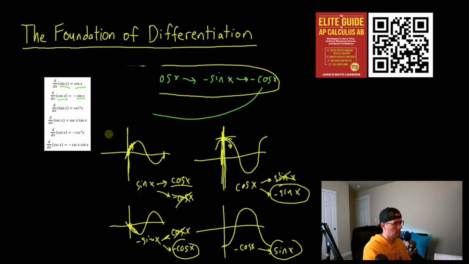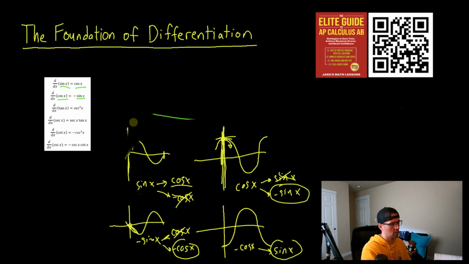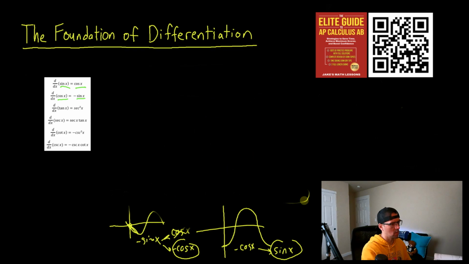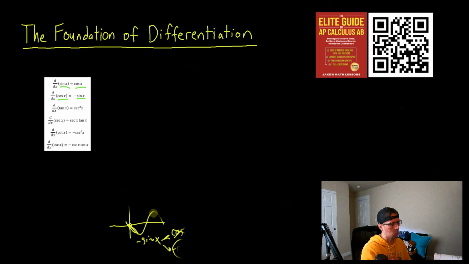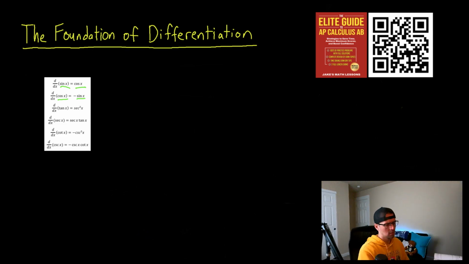The other four I want to discuss together, because I think it's more helpful to think of all four of those derivatives in terms of purely how to memorize them. I like to do this logic through what the graphs look like for sine and cosine. I don't think that works as much for the other four, simply because sine and cosine have much simpler graphs. They're much simpler to remember. The graphs of tangent, secant, cotangent, cosecant, and even more importantly, their derivatives, right?